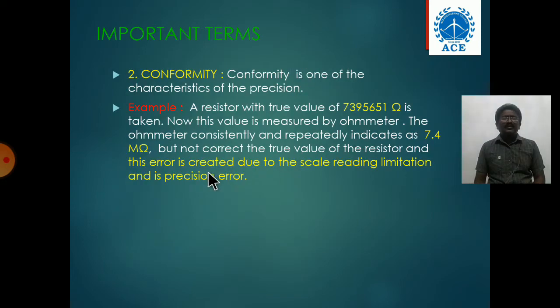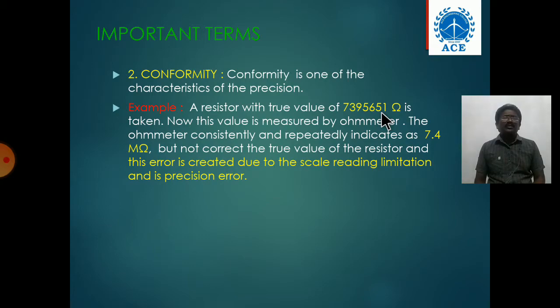Next, conformity. Conformity is one of the characteristics of the precision. Suppose I have taken one resistor value, 7395651 ohms. Now you can write this as 7.4 megaohms.